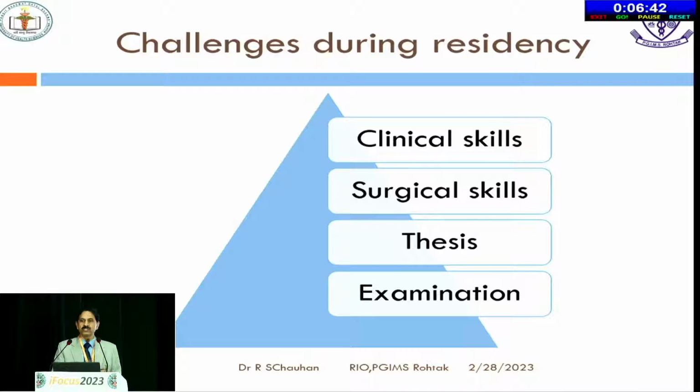You can do this in the main OT without any problems of asepsis. And that is how surgical skills are attained.